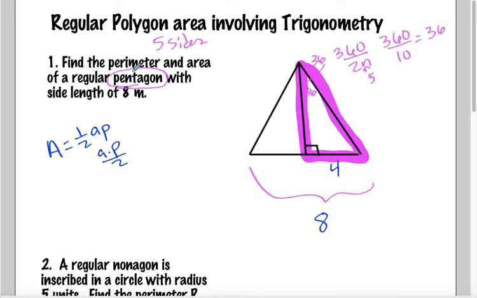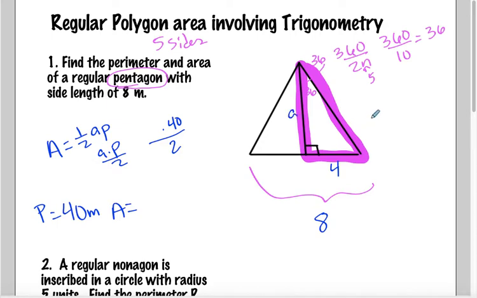Now they did also ask for perimeter, so we're finding perimeter and we're finding area. We could do the perimeter right now without doing any math. We have a side length of 8, it's a pentagon, there's 5 sides, so 5 times 8, 40 meters is the perimeter. So I have the perimeter ready to go for my math. So I have the perimeter part, I know to divide by 2, I just need to find the apothem.